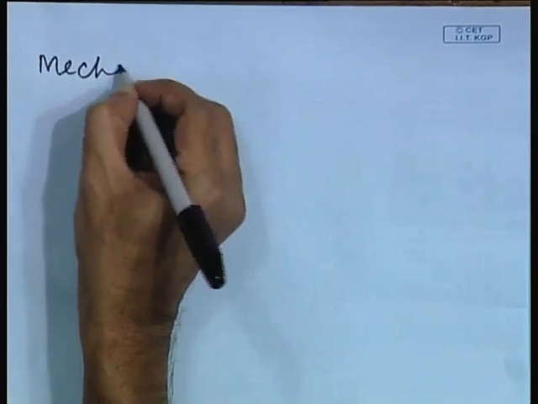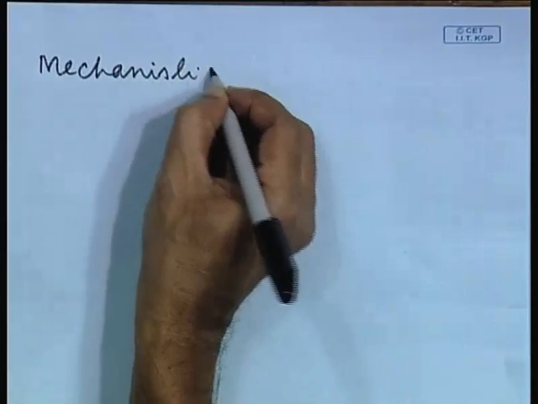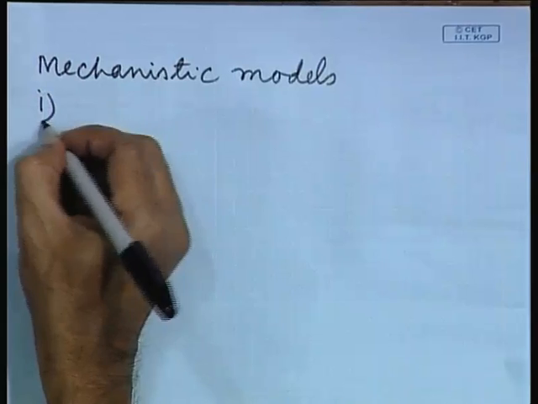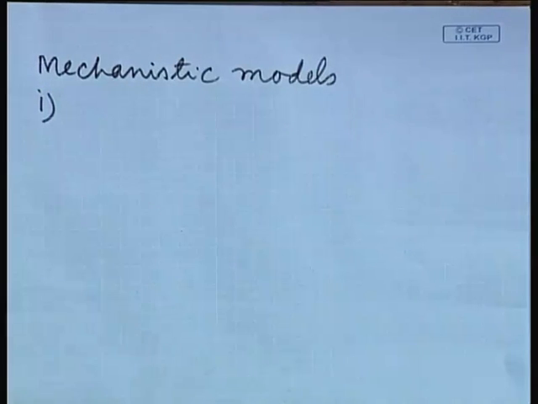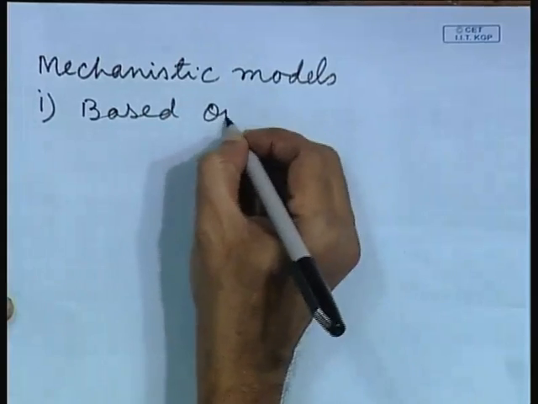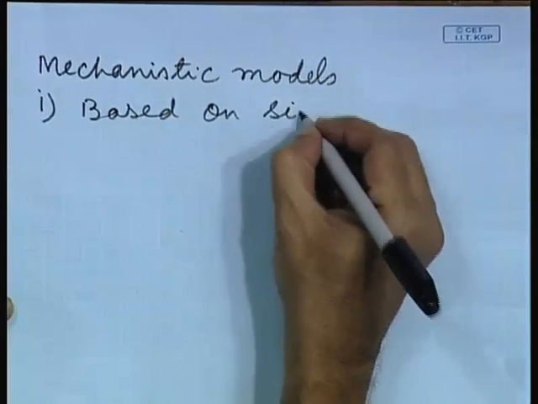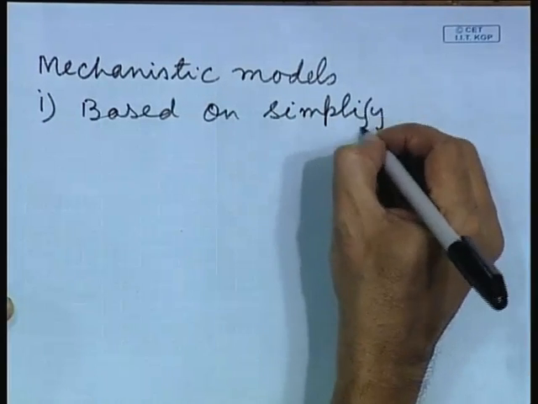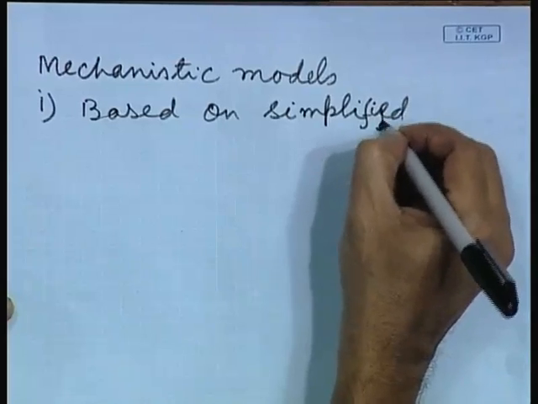Mechanistic models, the limitations are based on simplified assumptions. So, all mechanistic models, any model will have some sort of a set of assumptions, and based on that the models are developed. So, mechanistic models are based on simplified assumptions.